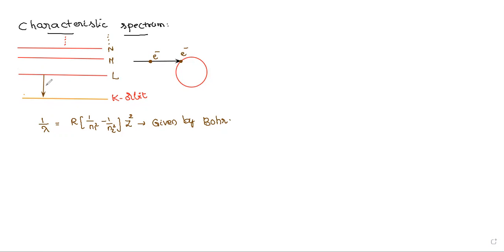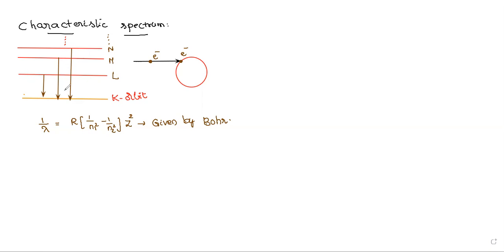When an electron jumps from M to K, and then N to K, and so on, you can easily understand that compared to this energy difference, the energy difference when the electron jumps from higher orbits will be increased.